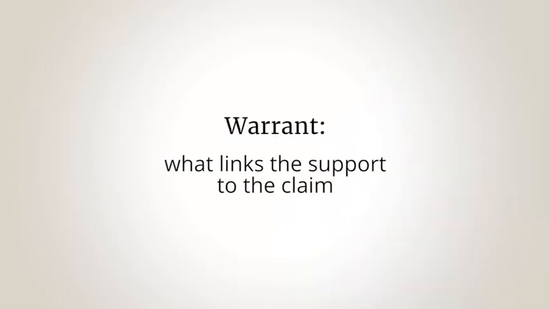So you can use examples, statistics, whatever. The support shows that you're grounding the claim on something. Now, support by itself doesn't validate the claim. As a speaker, you need to explain how and why the support relates to the claim. Now, that's the warrant. It's what links the support to the claim. So those are the basic components of an argument.